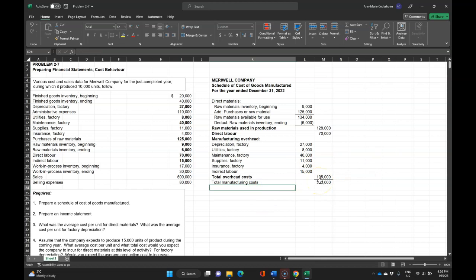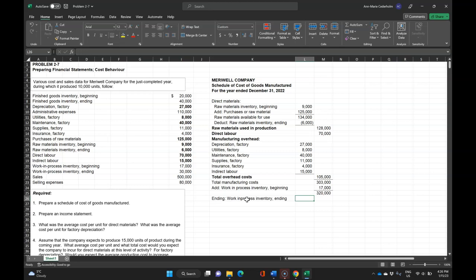So now we're going to go into the work in process account. So we need to figure out what inventory is in here already. At the beginning of the period, there was 17,000, and we are in the process of making 303,000. So we'll add those two together. And then if I take out my ending inventory, so work in process inventory ending, that will tell me what I finished.